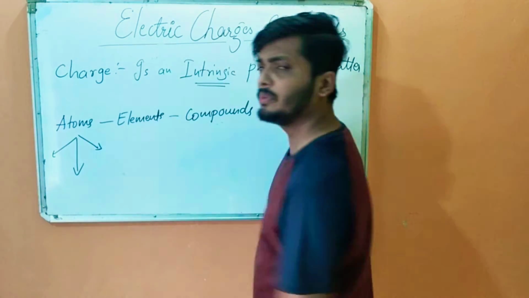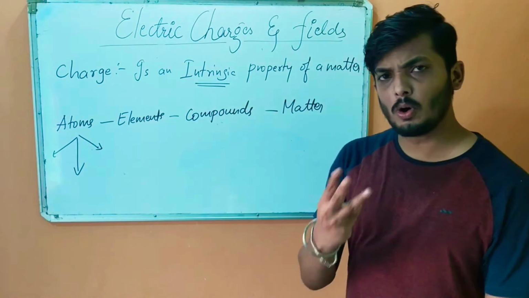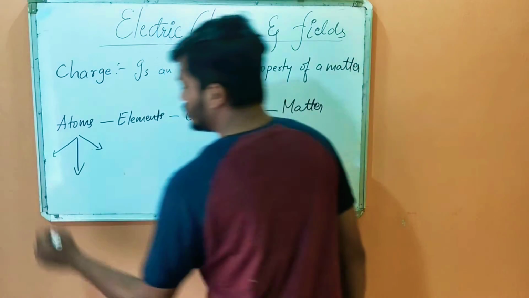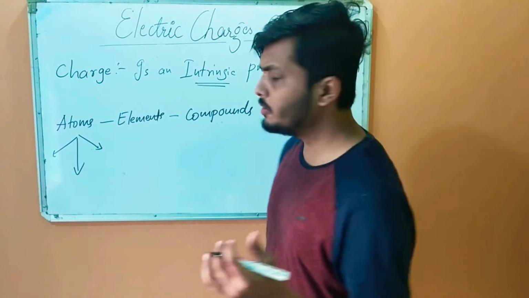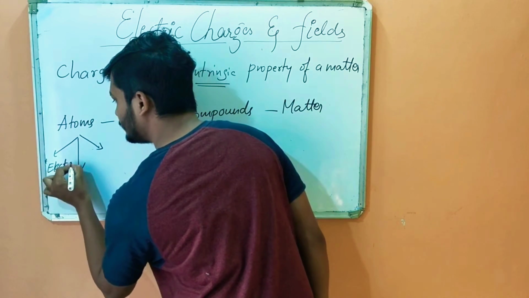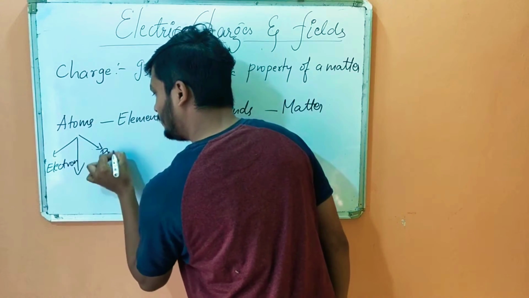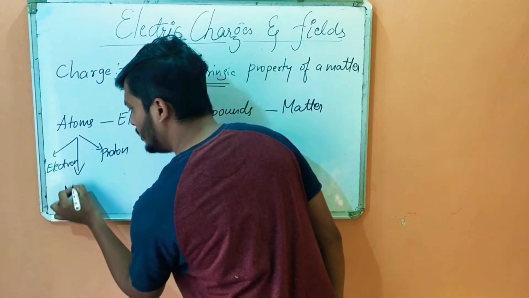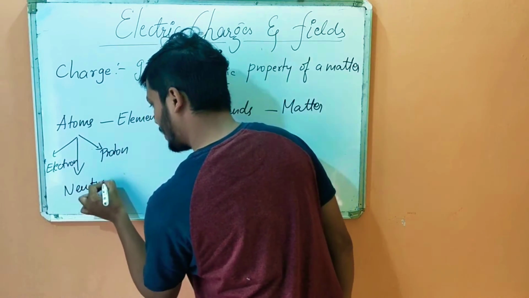Now you know that in your earlier classes you have studied about the atoms. Now atom consists of three important fundamental particles. So if you take any atom, it is made up of three fundamental particles. The first one is electron, proton and neutron. Correct?